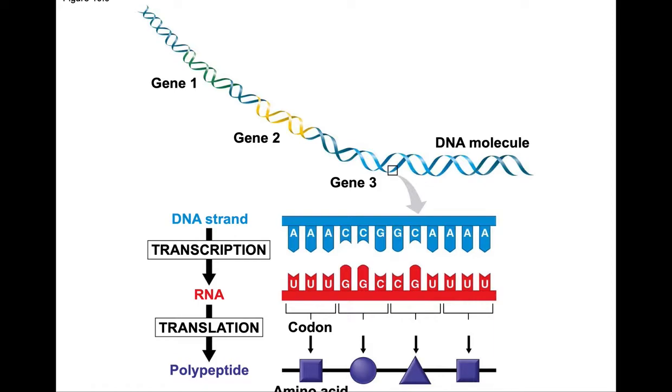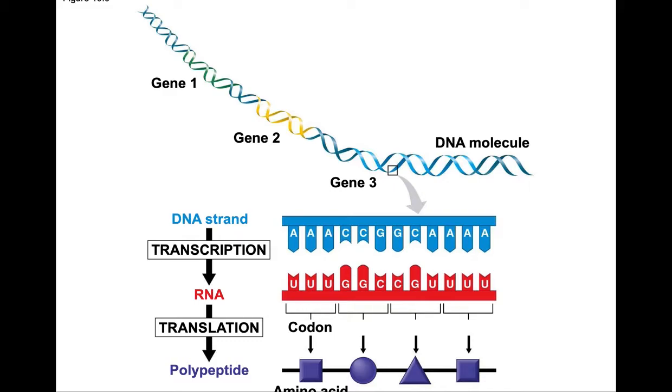Now the codon gets translated, just like you translate a language, to a specific amino acid. In this example, the DNA strand AAA converts to UUU for RNA, which then translates into an amino acid, in this case a square.